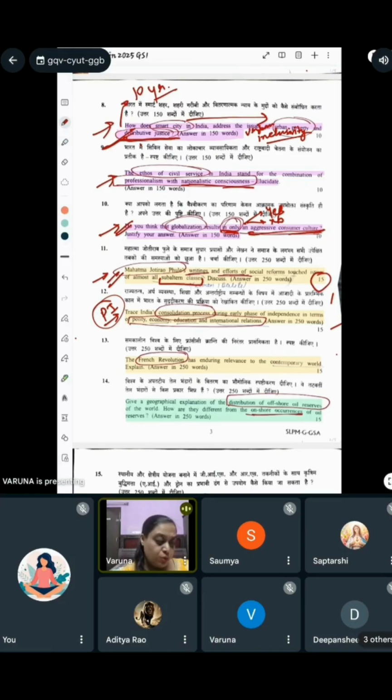So for all those who don't know the consolidation process and what all needs to be covered here, let's say in the economy, you had to cover the 5-year plans, how we started with it, how it evolved, how our economy evolved, how it led to consolidation of our economy and shaped our economy. Then for education, what all efforts we had made, like UGC and all, that we need to discuss here.